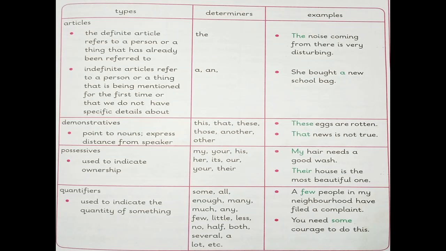They are only a few people, they are not more. Now, taking the next example, you need some courage to do this. It is written some courage. So it is quantity, obviously you cannot measure this thing, but certainly it shows some quantity of courage, students.